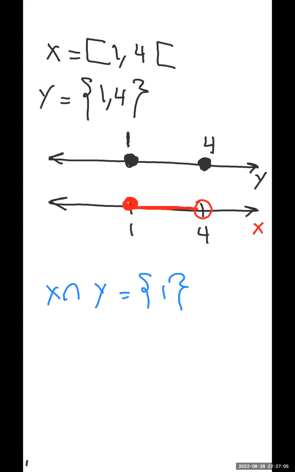X union Y. What does union Y mean? It means from here to here, the first and the last point on the 2 directions. So 1 and 4.